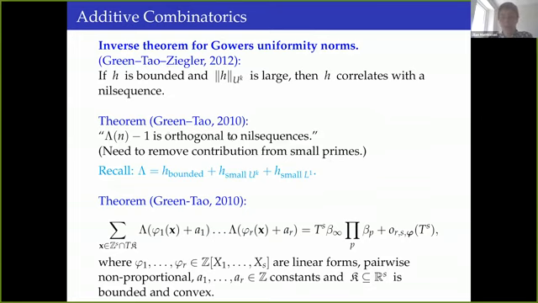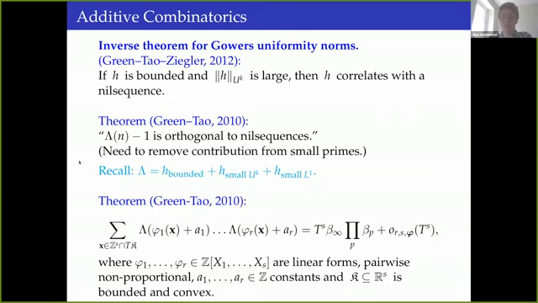To this statement, you would like to apply the inverse result in order to deduce that the von Mangoldt function is equal to a constant plus a function that has a small Uk norm. That can't be directly done because the von Mangoldt function is not bounded, and this result is a result about bounded functions.